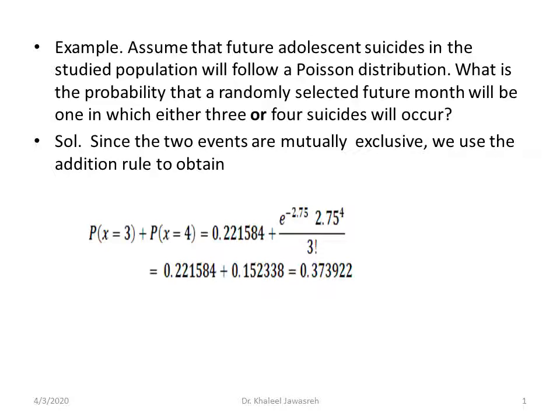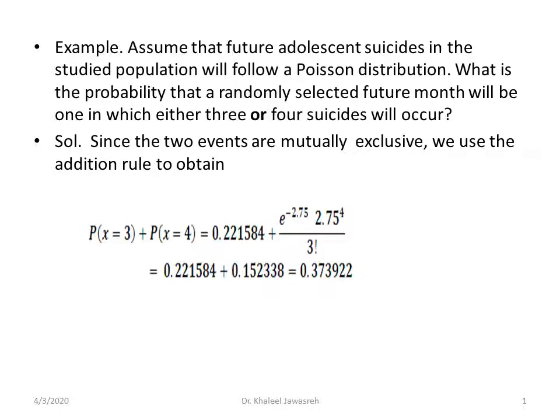The probability of x equal to 3, we calculated in the previous example, yielded 0.221584. Just apply the equation with lambda, e, and the factorial of 3. Return back to the previous slide and you will find it.